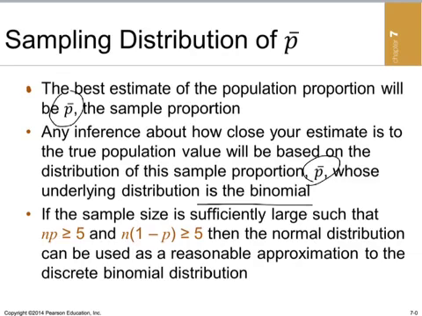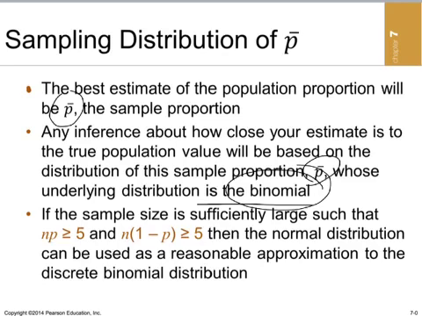And so while the underlying sampling distribution is binomial, we have a special condition under which, if the two conditions are satisfied, then the binomial distribution can be approximated by a normal distribution. And this is very important for us because we like the normal distribution. What's the condition?